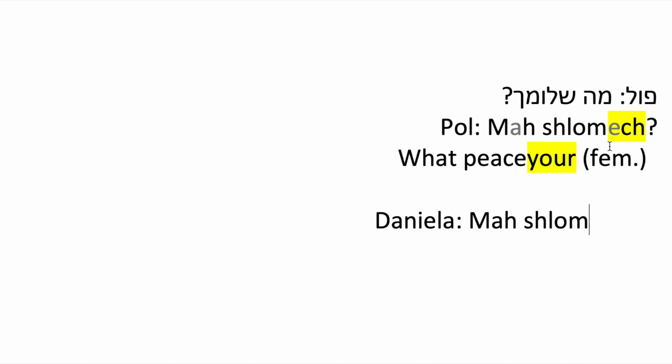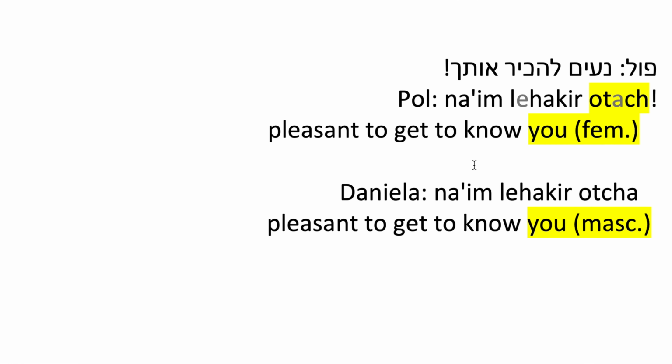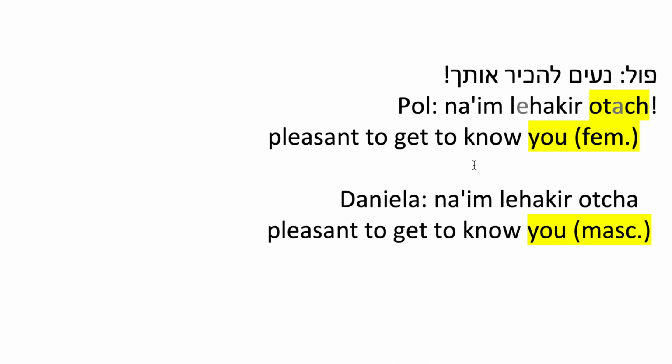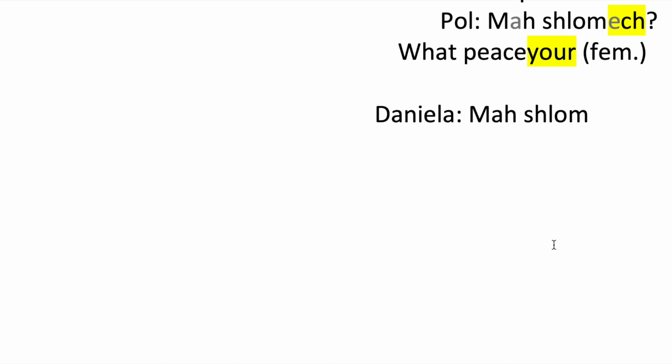Ech, ach was feminine, so let's go back and take a look. And we have here the masculine form of you was otach. Otcha. So the cha form is the you form in the masculine form, or the ending for the masculine form. So how would Daniela say, how are you?